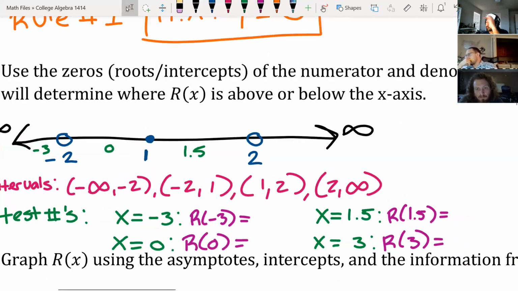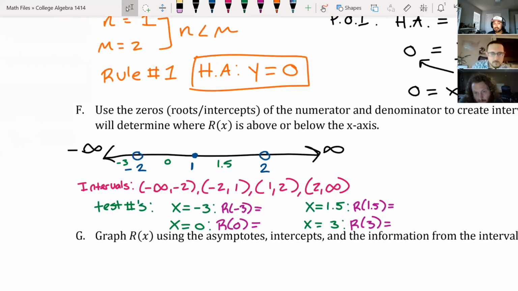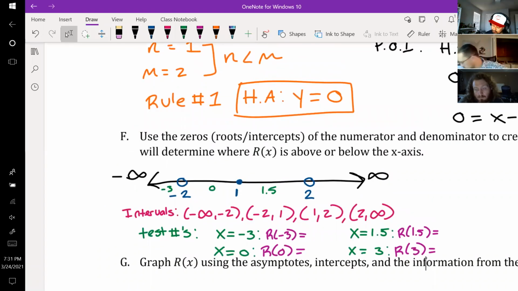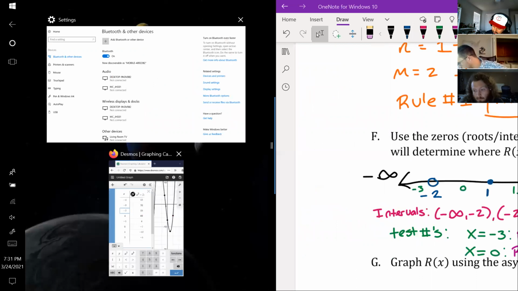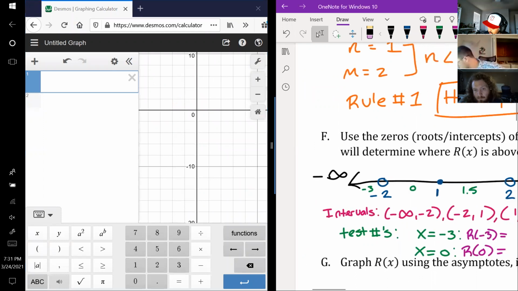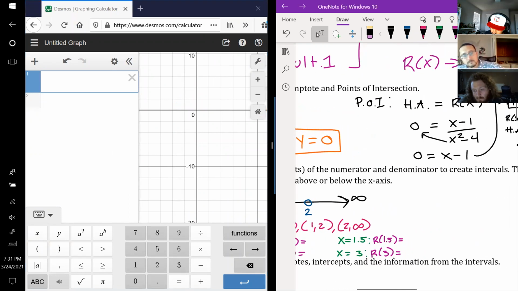And again, we're doing this because we want to know where this function is above the x-axis and below the x-axis. So we're going to take these numbers and plug them into the original function, where Desmos is going to help us out. All right. So our original function is, I'm going to type it in, x minus 1 over x squared minus 4.